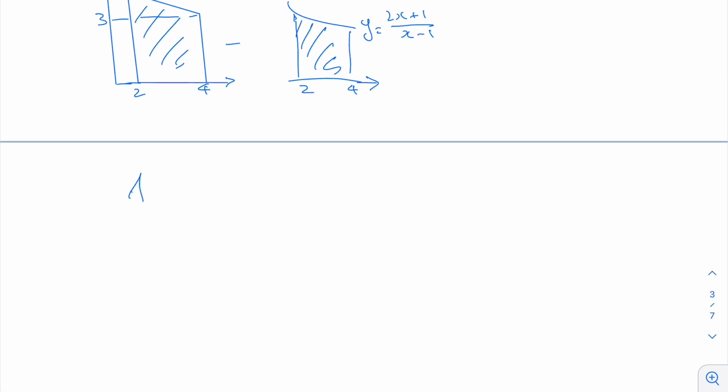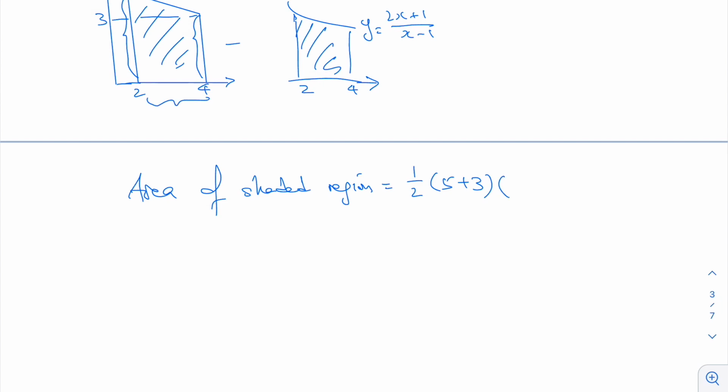So when we solve this, the area of the shaded region equals the area of the trapezium. The formula for a trapezium is half times the sum of parallel sides, which is 5 plus 3. This is 5, this is 3, times the width, which is 4 minus 2, which is 2.